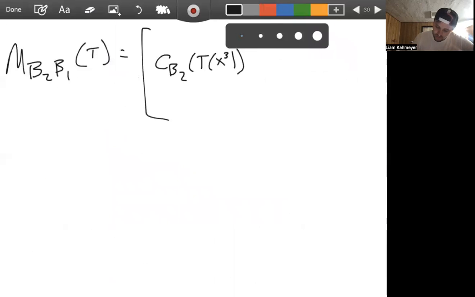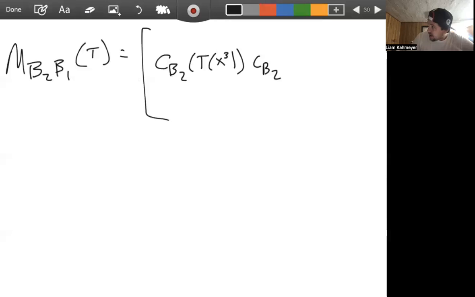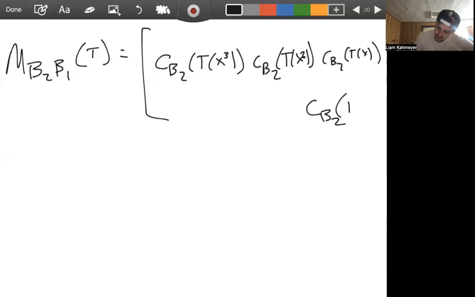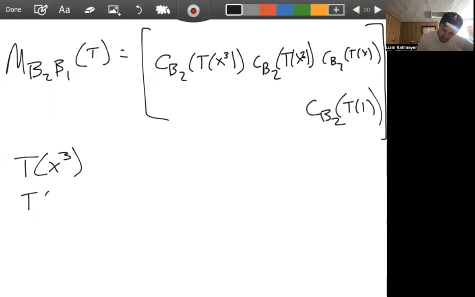Then C_B2 of T of x squared, C_B2 of T of x, and for the fourth column, C_B2 of T of 1. So to compute this matrix, we need to compute T of x cubed, T of x squared, T of x, and then T of 1.